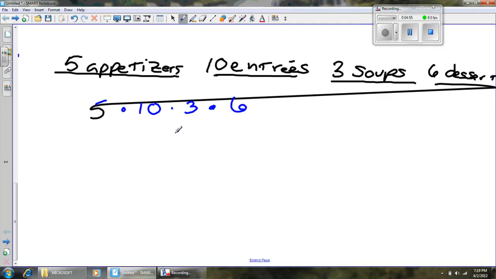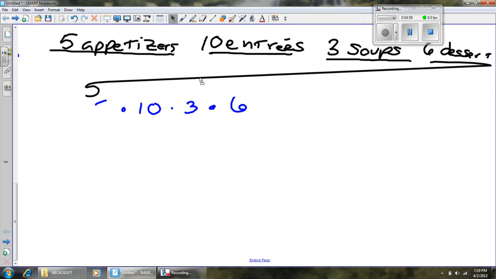Right? Something happened here. Looks like this line ended up, that's very strange. Let me redraw that 5. There we go. All right, well, I'm going to save this 10 for last, and I'm going to do 5 times 6 times 3 times 10, because the numbers are going to come out prettier.